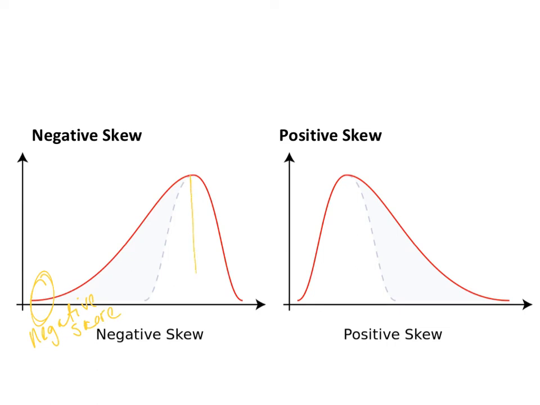So instead of having the normal bell curve that we would see, this one really negative score is going to skew your bell curve and make it look a little funny. A positive skew is going to be the exact opposite, right? You have one outlier positive score, and that is going to cause you to have a positive skew. So again, instead of having your normal bell curve, it's going to skew or move out to accommodate that one very positive score.